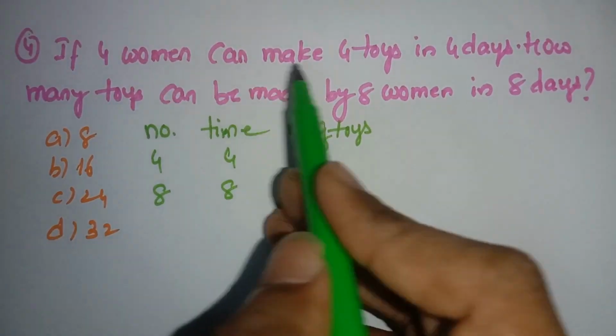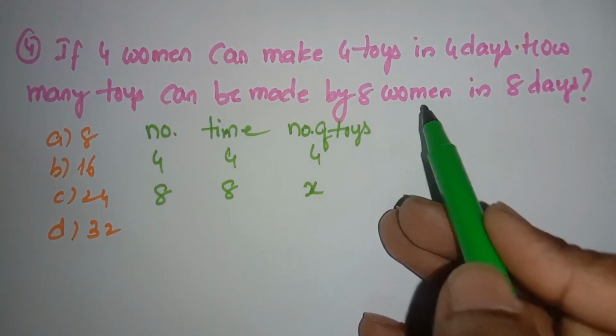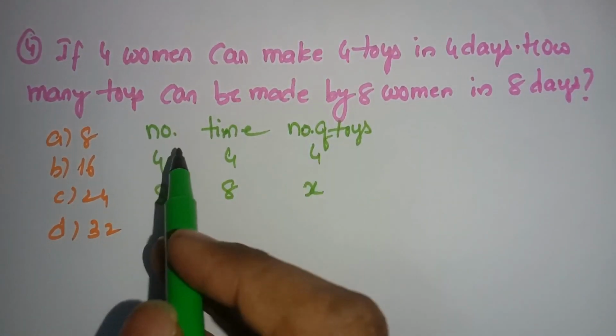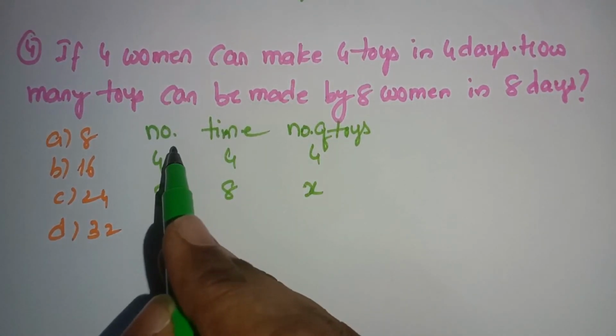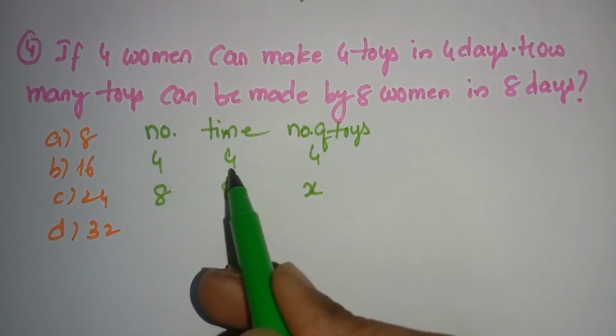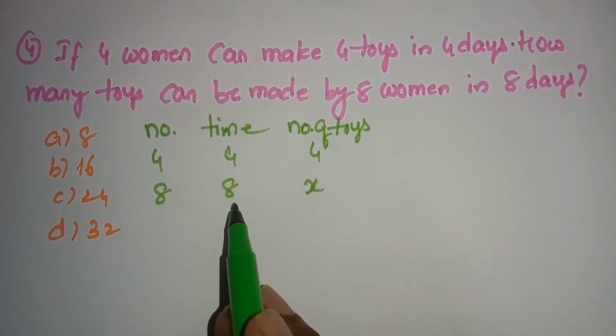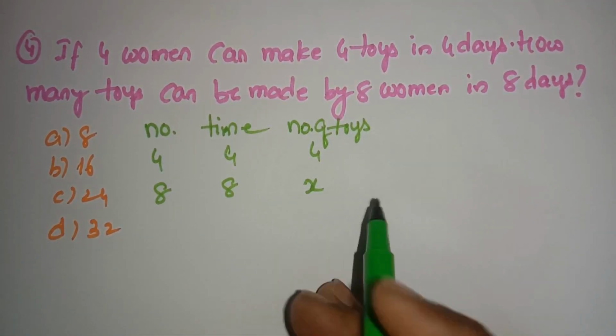If 4 women can make 4 toys in 4 days, how many toys can be made by 8 women in 8 days? Here we have three variables, that is number of women, the time duration, and the number of toys. So 4 women in 4 days can make 4 toys. Similarly, 8 women in 8 days can make x number of toys.